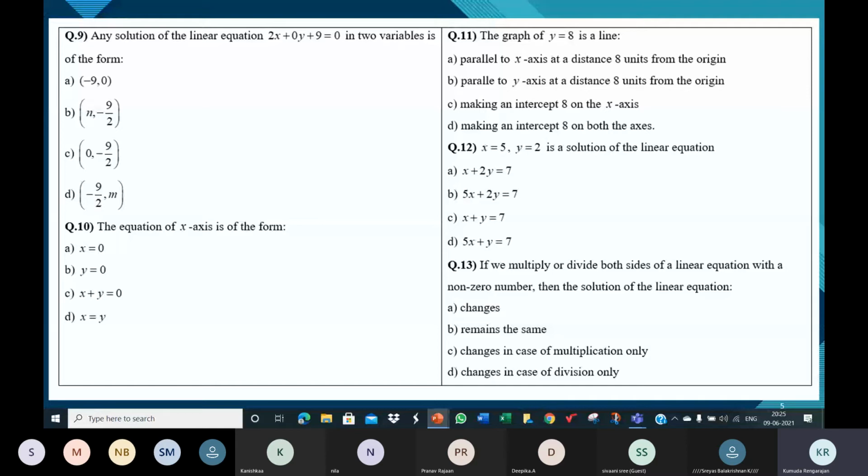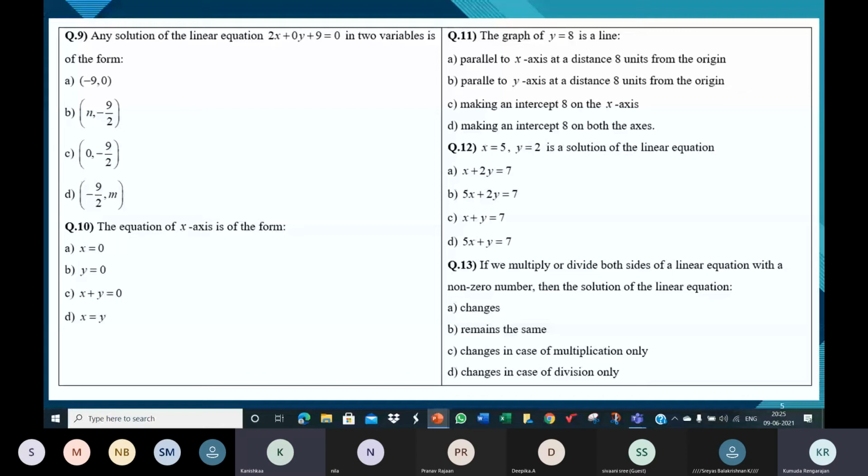How do you make the table for x is equal to minus 9 by 2? When you simplify the equation, it is x is equal to minus 9 by 2. If we have to make a graph of this equation, how do you prepare the xy table for x is equal to minus 9 by 2?